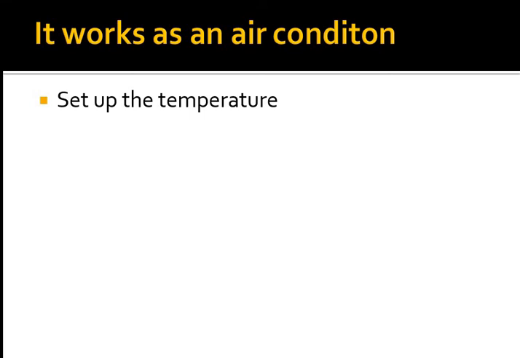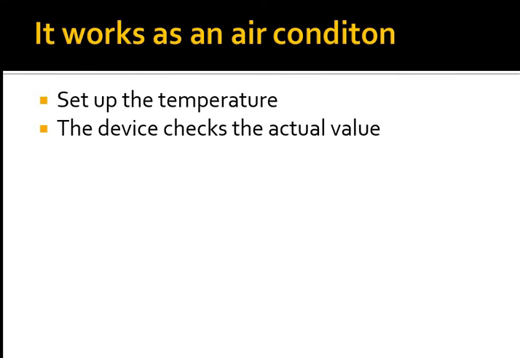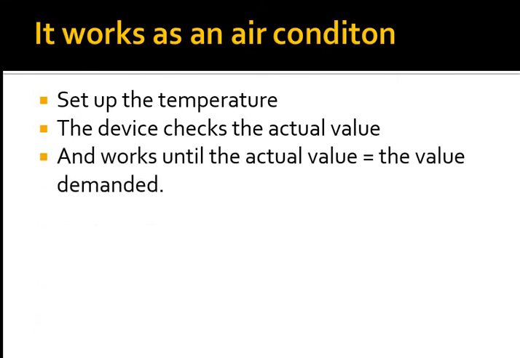So you set up the norm, which is a temperature in this case, and the device checks the value and it works until the value is met. So this is it. So there are things that we need to include in our project, and it is mostly technical. Okay, so you can use the numbers to show it.